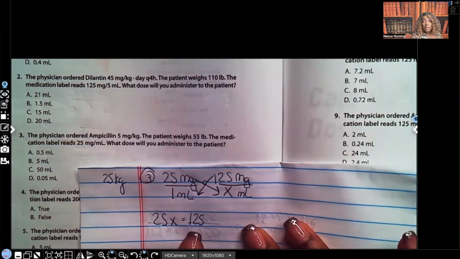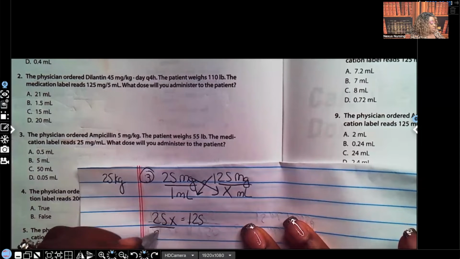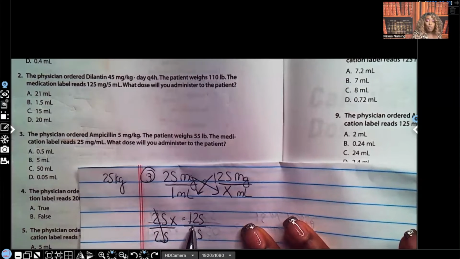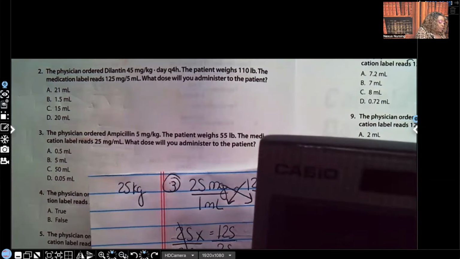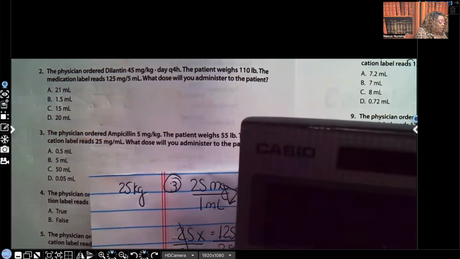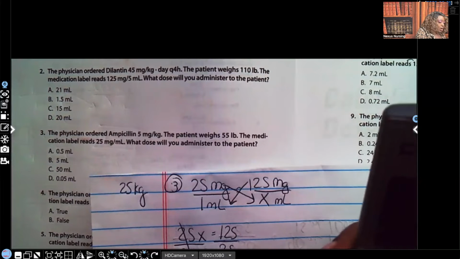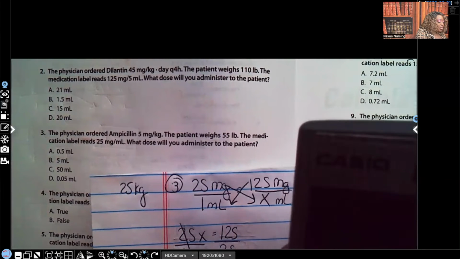We have to get X by itself. What are we going to do? We're going to divide both sides by 25. 25 goes into 125 how many times? 5 times. Just plug it in. 125 divided by 25.